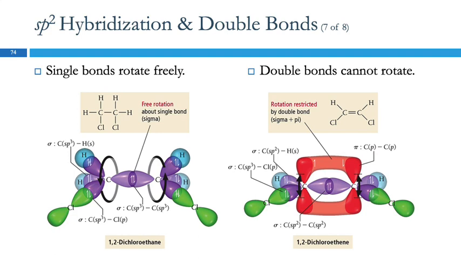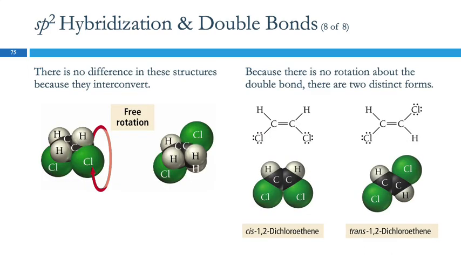When there's a double bond in there, you don't get any rotation. And that's a really important concept in OChem. So we don't get any rotation. Rotation is restricted. And valence bonding theory explains this, while the Lewis model does not.